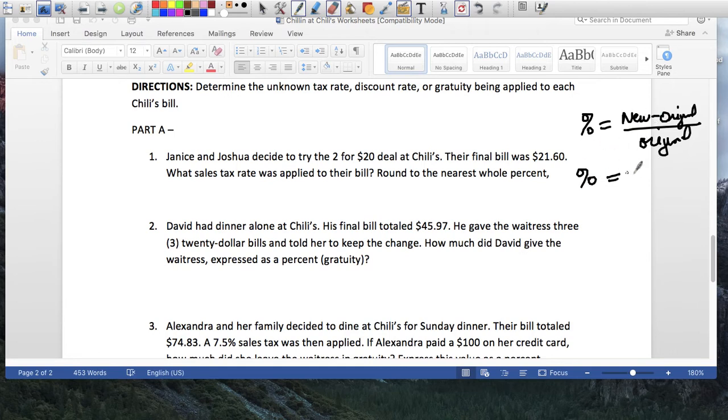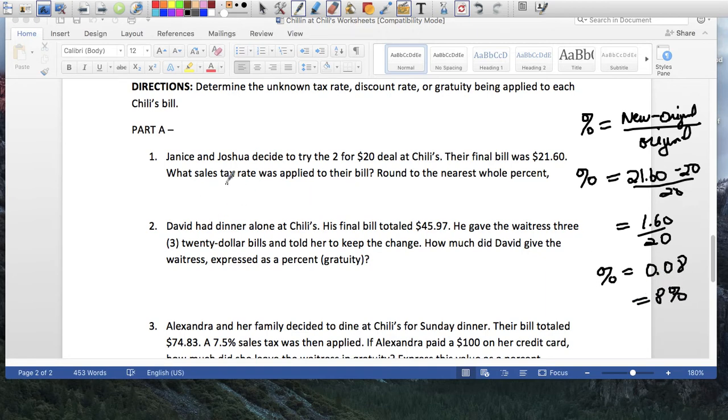So if you think about it, the ending price was $21.60. The original price was 20, over 20. So 1.60 over 20, and if you take a calculator and divide 1.6 by 20, which gives you 0.08, and if we change that to a percent, it's going to be 8%.